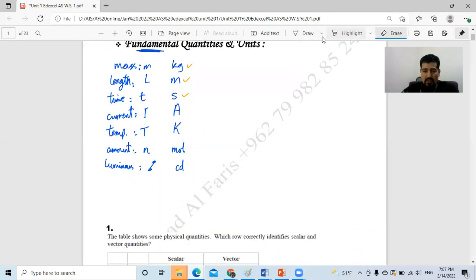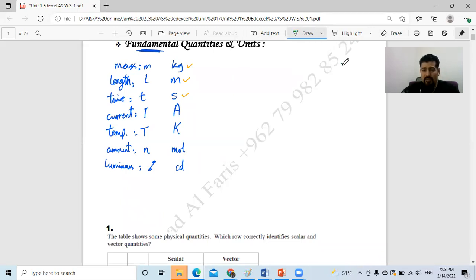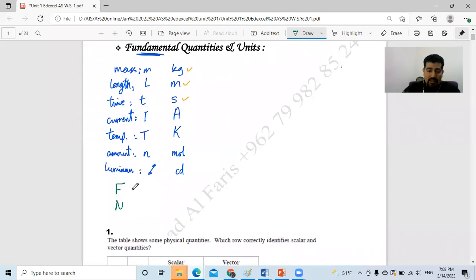So how do they ask questions? For example, we have to know that we have something called derived units. For example, we know that the unit of force is the Newton. And that means, if the formula for force is mass multiplied by acceleration, the Newton, which is the derived unit, comes from the base fundamental units of mass and acceleration.